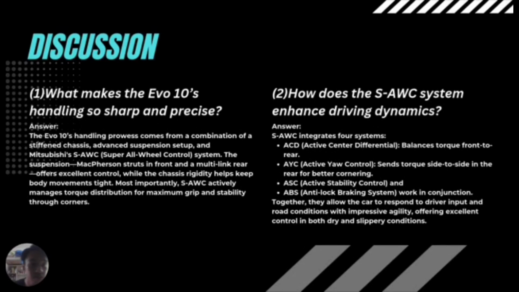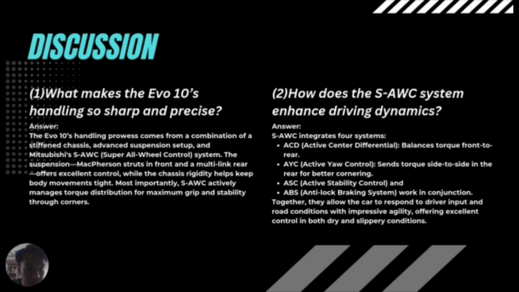So, discussion. The first question is: what makes the Evo 10's handling so sharp and precise? The answer is that the Evo 10's handling prowess comes from a combination of a stiffened chassis, an advanced suspension setup, and Mitsubishi's SAWC, Super All-Wheel Control system.